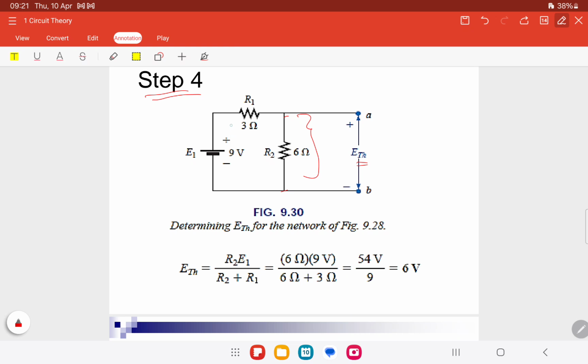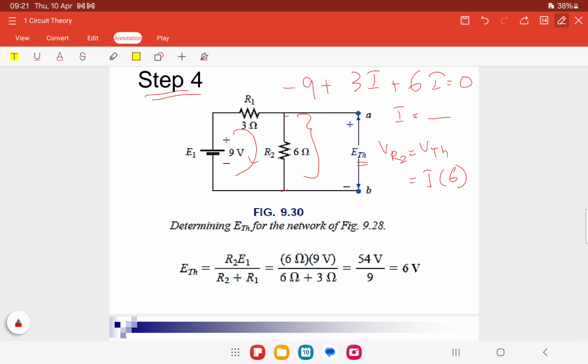Ataupun if you want to do the KVL pun boleh. Minus E1 minus 9 plus 3I plus 6I equals to 0. Get the I. Lepas tu VR2 equals to VTH equals to I darab dengan 6. Sama je lah. Katakanlah lupa lah formula for voltage divider.